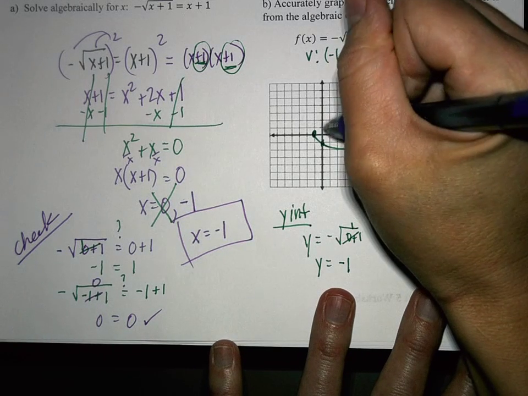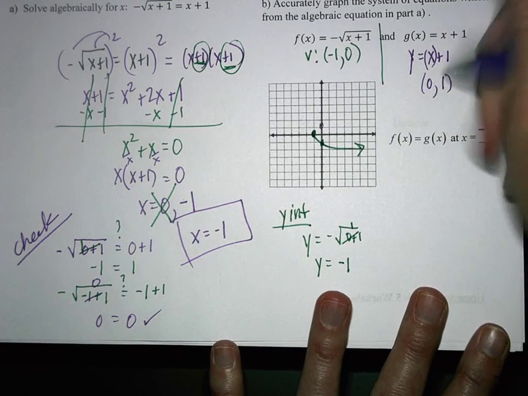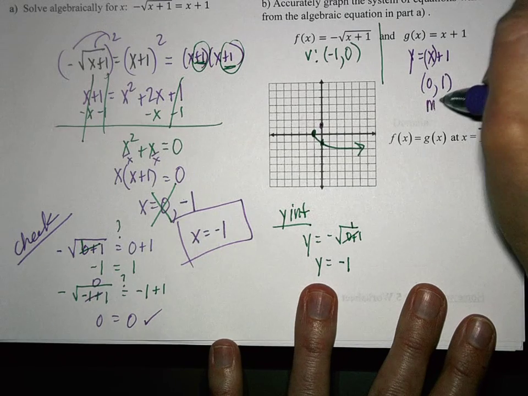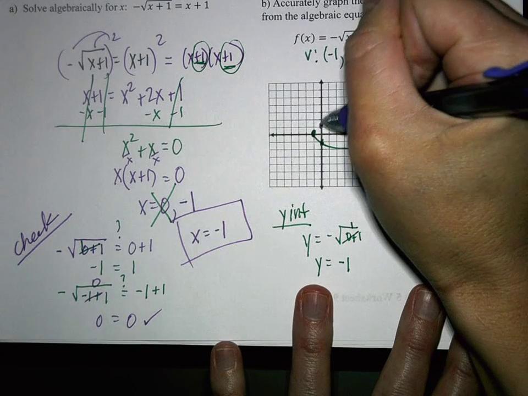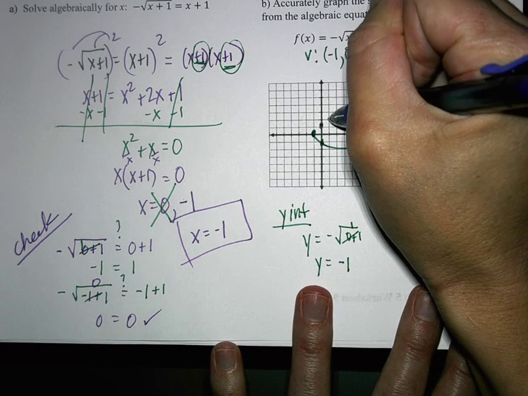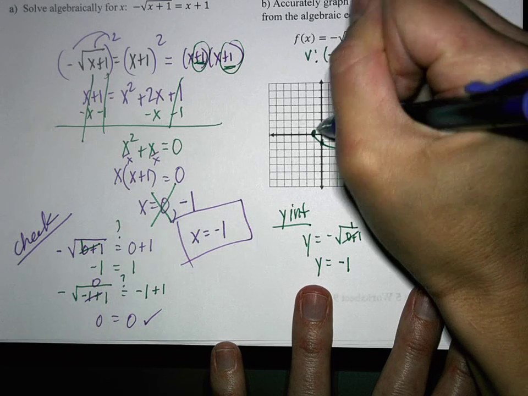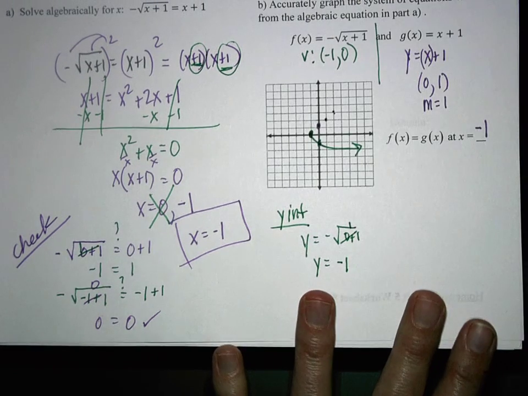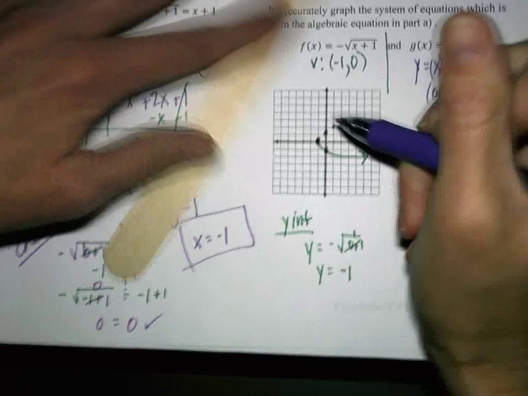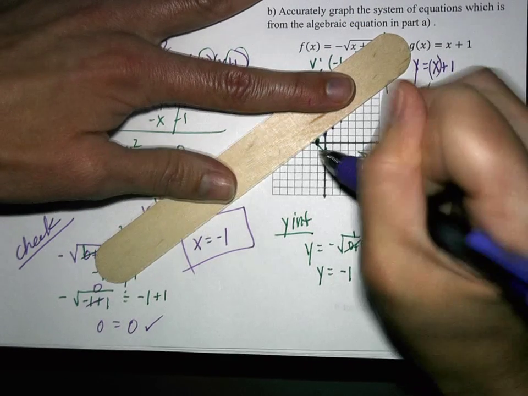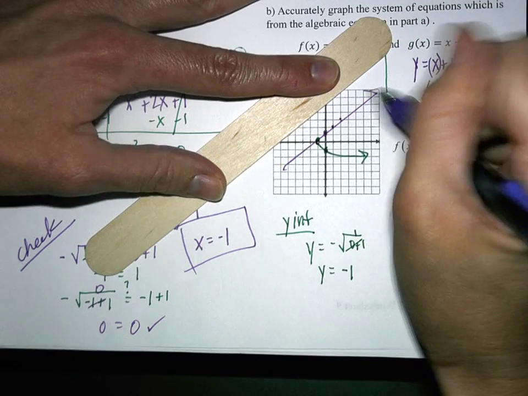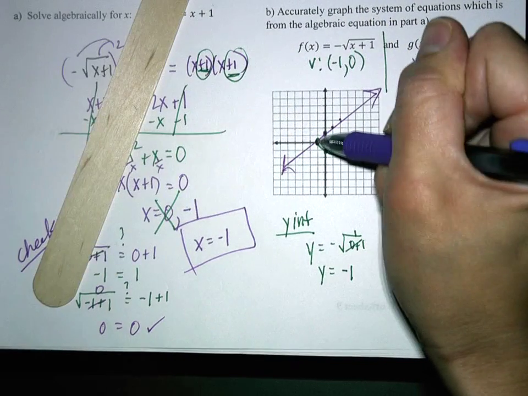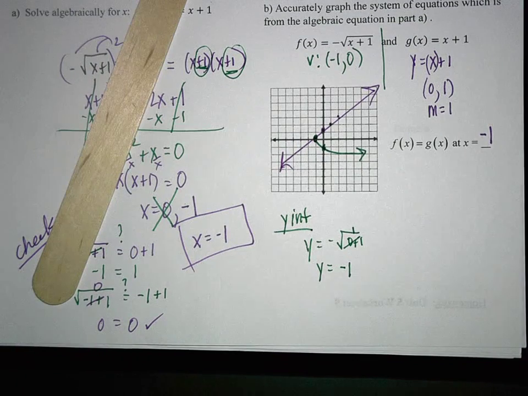So 0 up 1, and then what is my slope? 1. So up 1, right 1, up 1, right 1, and I went down 1, left 1. Do you see how they're going to end up intersecting right there? So we can draw our line. And you can see right here, that's where they touch. X value is at negative 1.